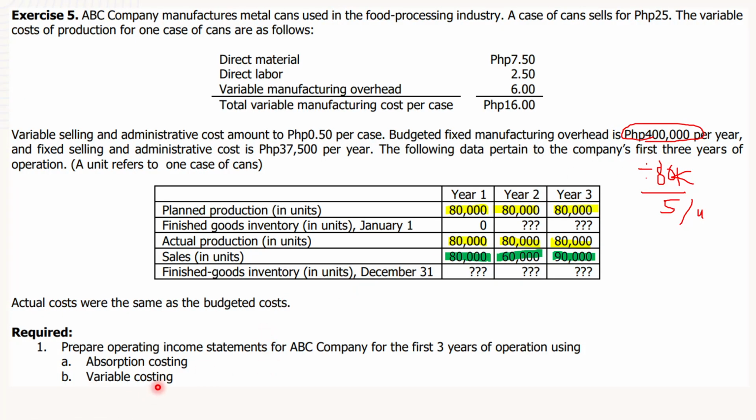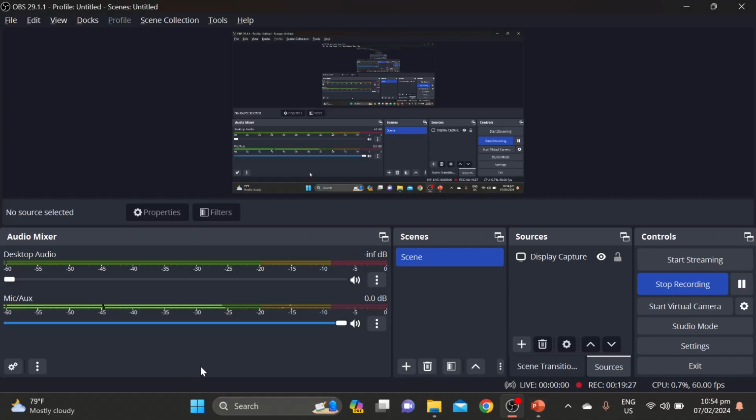This time we are to use variable costing. Same given, go.